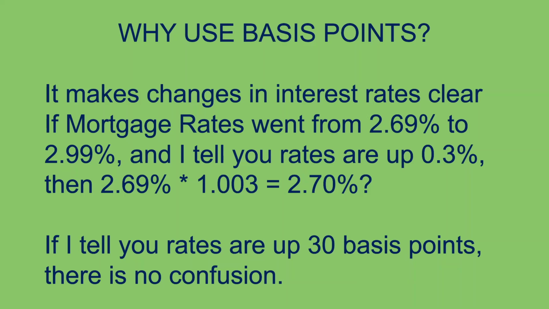So you're really saying rates went from 2.69 to 2.70. But if I tell you rates are up 30 basis points, there's no confusion. You'll know that the 30 is the part after the decimal. So I add the 0.69 and the 30, and I'll come up with 2.99 like I'm supposed to.